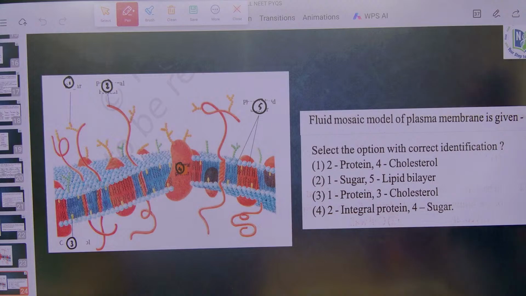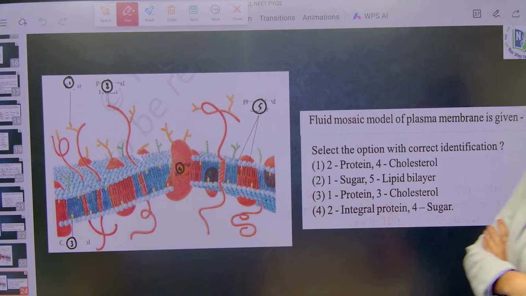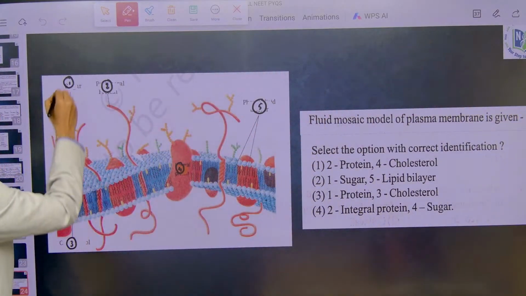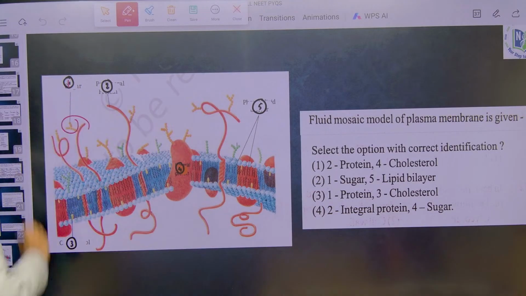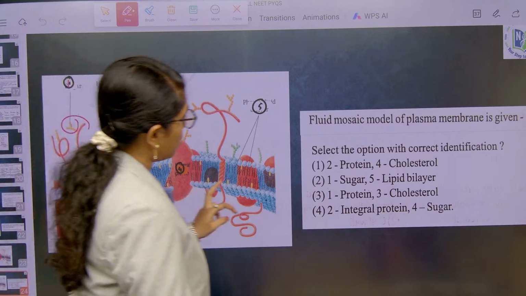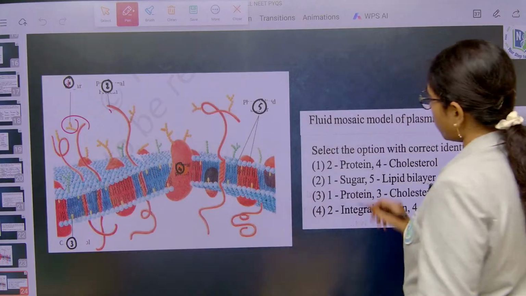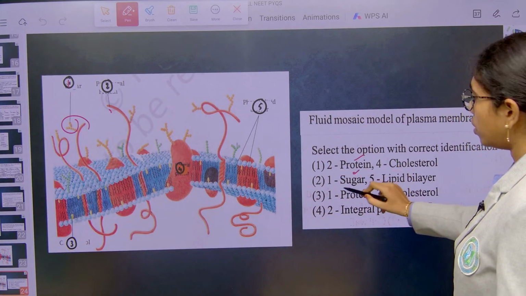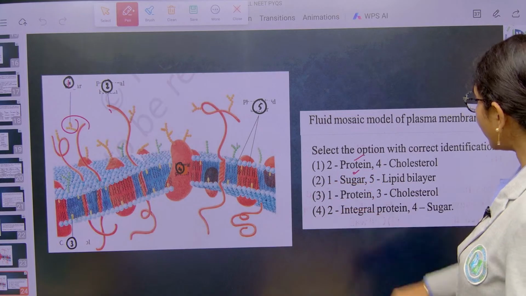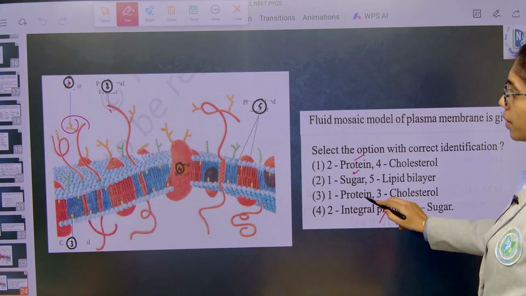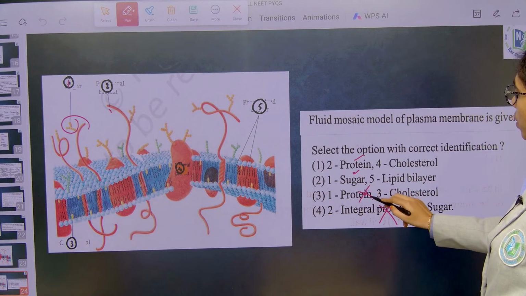First, 1 is what? Here it is labeled as 1. Sugar, glycoprotein it is forming. 2 is protein and 1 is sugar. Next, 4 is what? Integral protein. So this will be wrong, right? 1 is not protein.